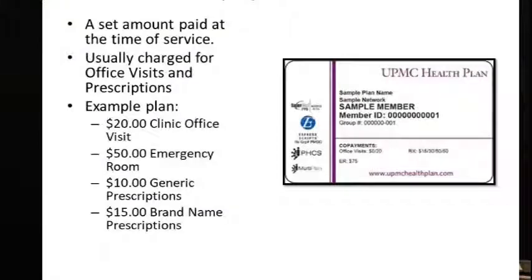That's an example of a policy. They might have those types of copays that the patient will be required to pay. Now, these are always associated with managed care type plans. Managed care, HMOs or PPOs or POS. Okay, so copay.